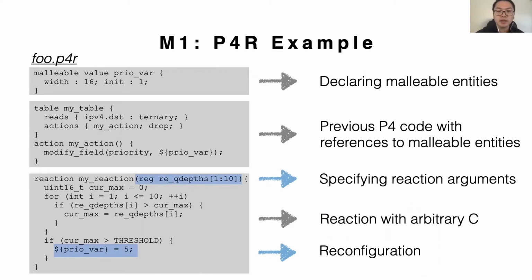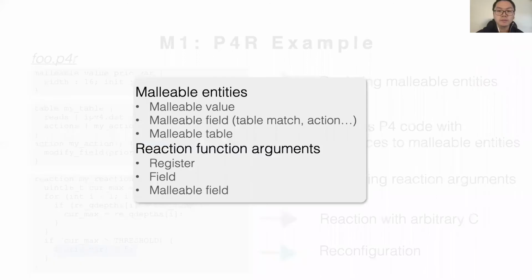Taken together, this reaction pulls the egress queue depths of the first 10 ports, and based on the maximum observed queue depth, potentially sets a lower priority. The control plane executes the reaction function in a loop. The above is just a simple example.